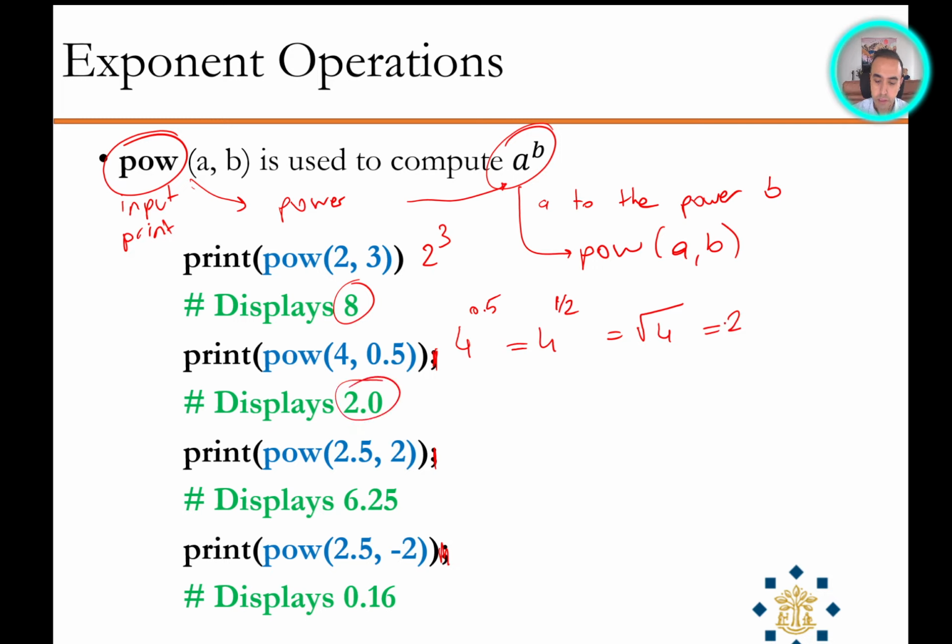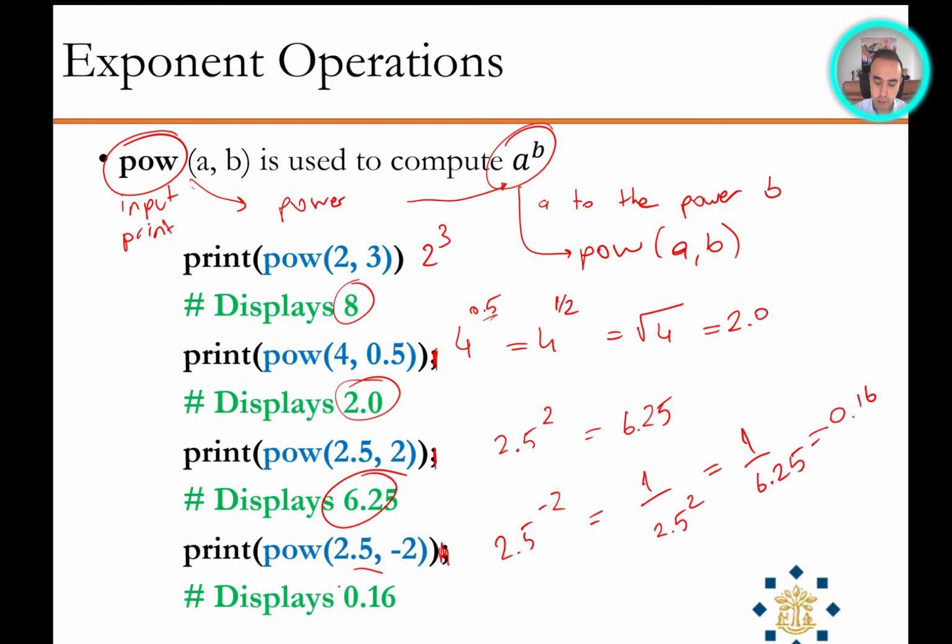But since this is float, it's going to be 2.0. So 2.5 to the power 2 is 6.25. And 2.5 to the power minus 2 is 1 over 2.5 squared, that is 1 divided by 6.25, and it's 0.16. Okay.